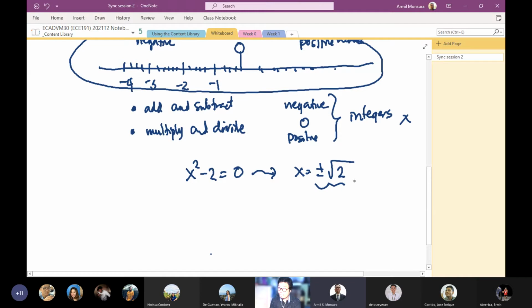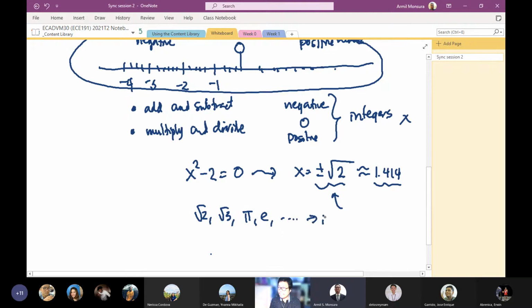For example, the value of square root of 2 is approximately 1.414. Take note, I use the word approximately because you cannot really express the exact value of this number as just a set of decimal numbers. Therefore, what do we call numbers such as square root of 2, square root of 3, pi, e, and so on?